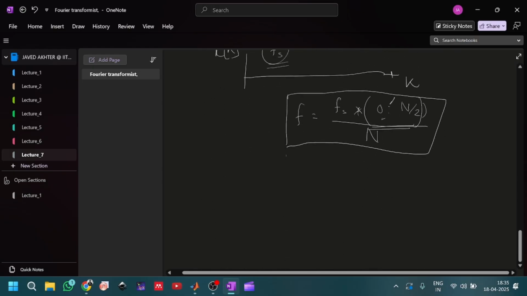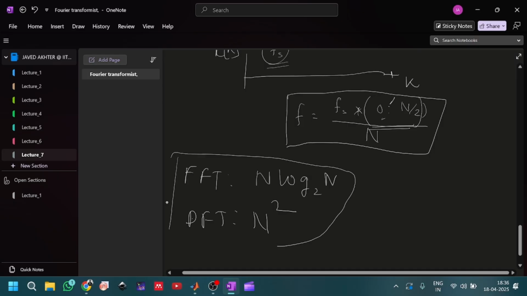The number of data points you have to compute in the fast Fourier transform scales as n log n. In the discrete Fourier transform it scales as n squared, but in the fast Fourier transform it scales as n log n.